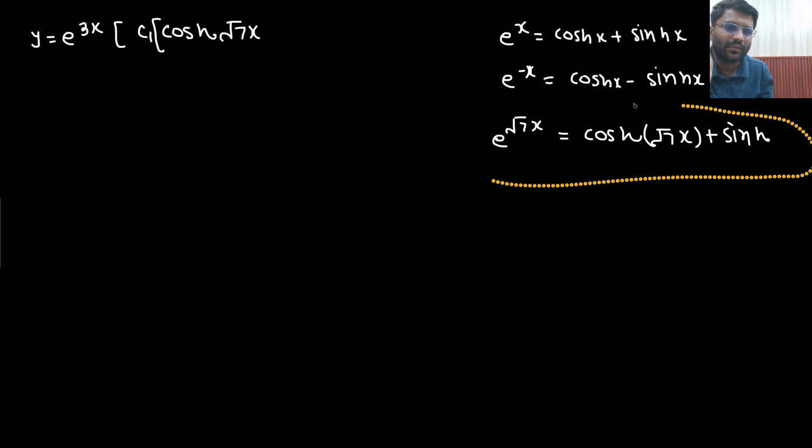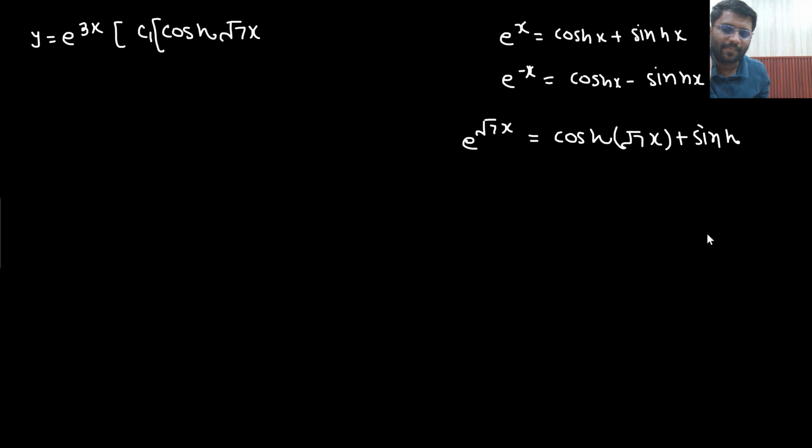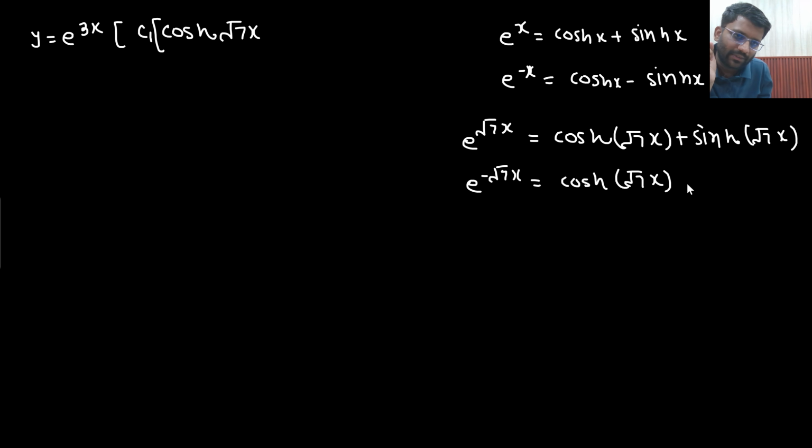Say yes or no. And how can e to the power minus under root 7x be written? It could be written as cos hyperbolic under root 7x minus sin hyperbolic under root 7x.